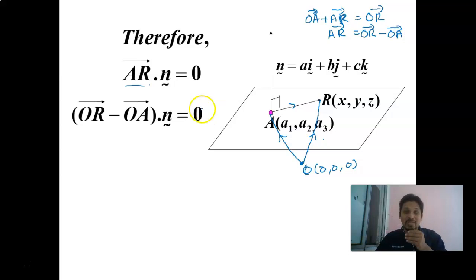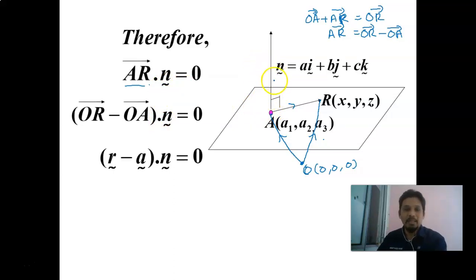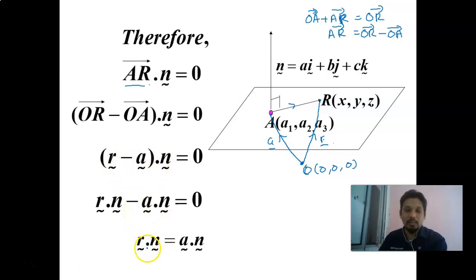Okay, so then vector AR, equal to vector OR minus OA, is multiplied with the normal n. This is the vector of the normal here, and this is the vector A and this is the vector R. So then we expand it and make it in the form of R dot, the dot product of the vector R with the normal vector n, equals A dot n.